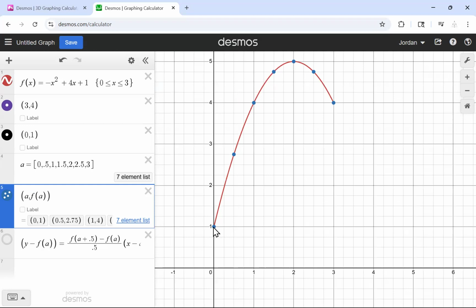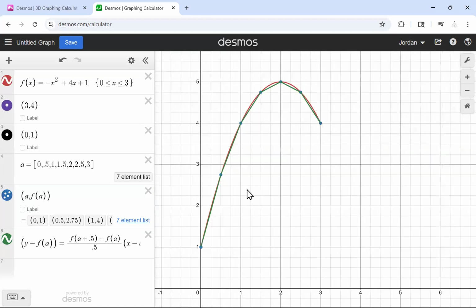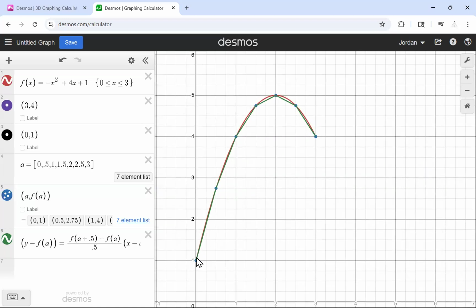So I started at 0, and then 0.5, then 1, 1.5, 2, and 3. If I draw straight lines connecting back-to-back points, and then add up the lengths of each of those straight lines, I'll get a pretty good approximation of the length of the curve.